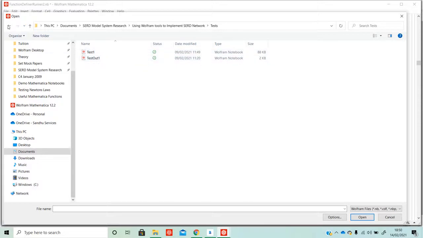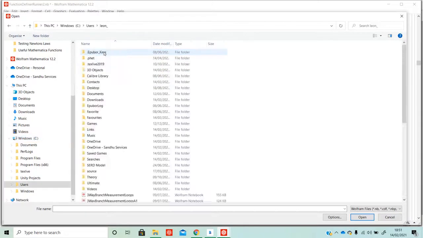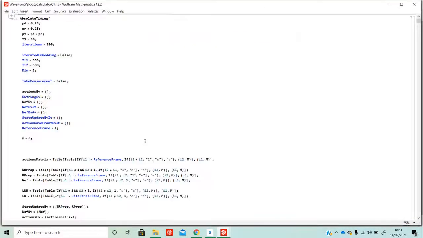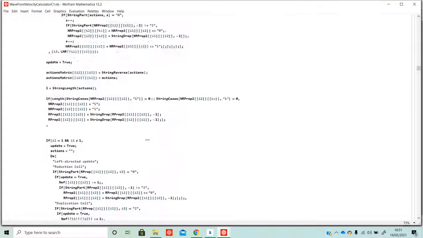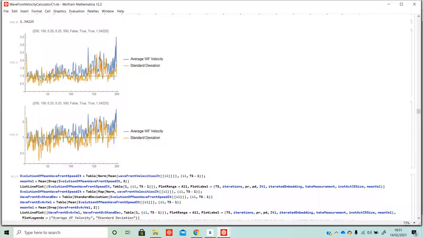I've got some tests, but this is not most of it. Most of it is down here. One of the big things that I'm doing at the moment, as well as making nice visualizations of the system, is looking at how the velocities of the action wavefronts are constrained to be 1 on average. I'm investigating that even further, and I seem to be getting pretty positive results from it.